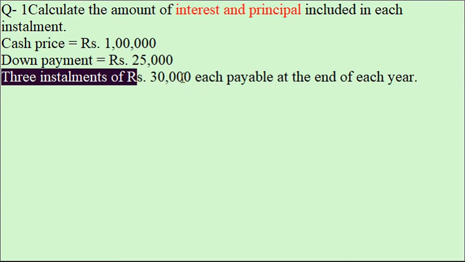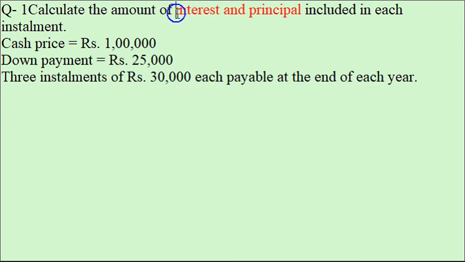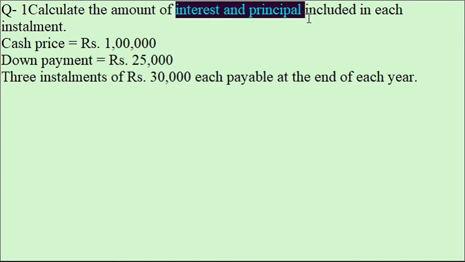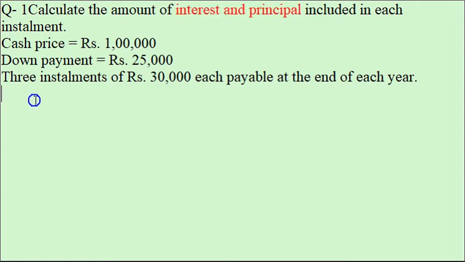Means every year you have to pay 30,000 each at the end of each year. Now with this information you need to calculate what is the amount of interest and principal included in each installment.